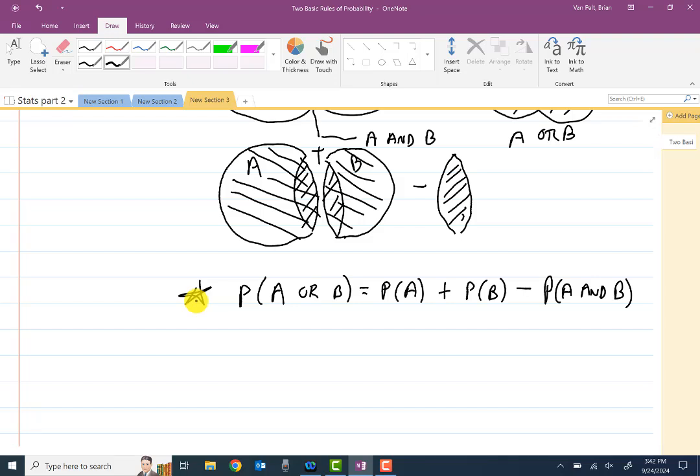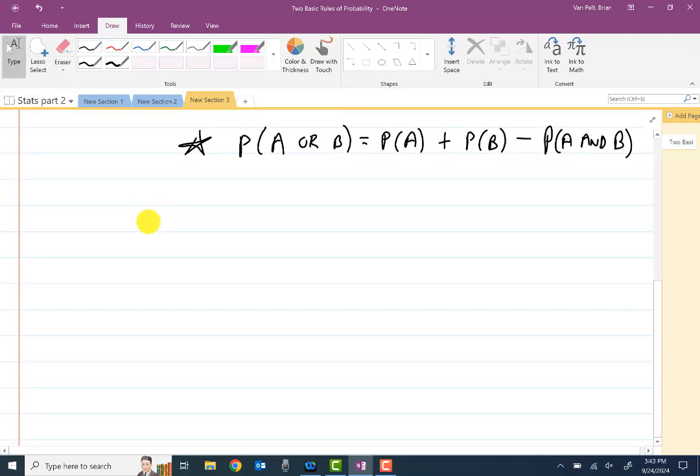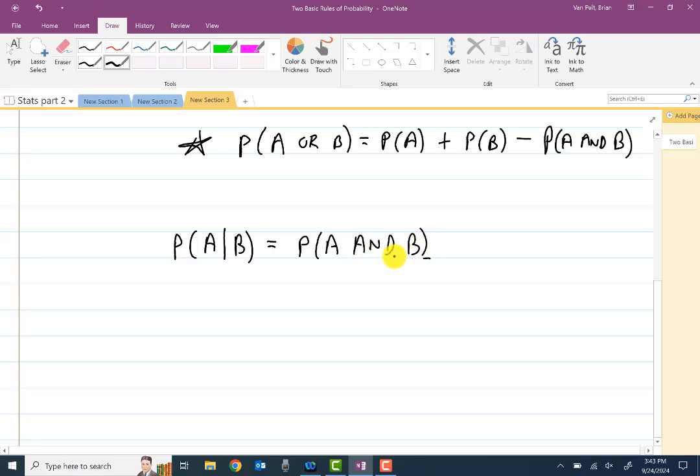We also have one for AND. And it looks like this. Well, let me start first from the formula that we have. If I do A given B like this, the formula for it is the probability of A and B divided by the probability of B. Now, what I'm going to do is this.